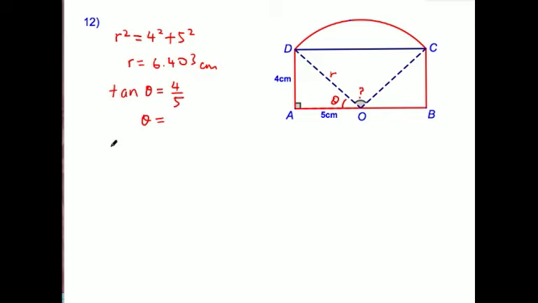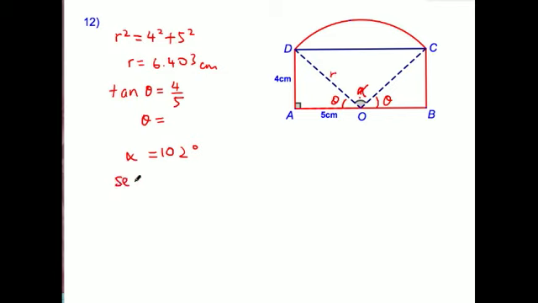Once we have found the angle, then we can take 180 minus these two angles, which gives us this angle here. We call it alpha, and alpha is found to be about 102 degrees.